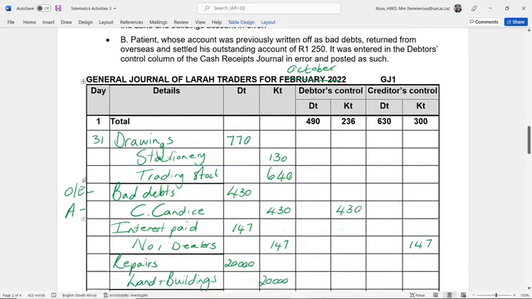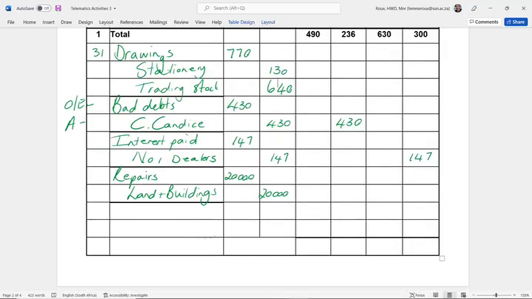We credit bad debts recovered because it's an income account. And then we debit the wrong one, Be Patient. We credited Be Patient's account. That debtor didn't exist anymore.